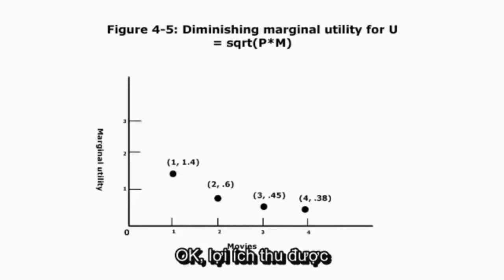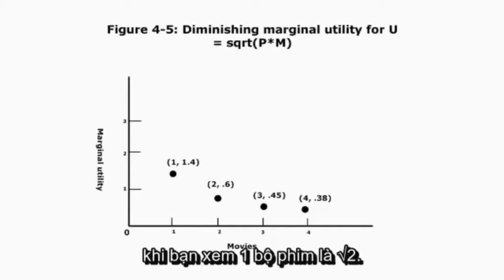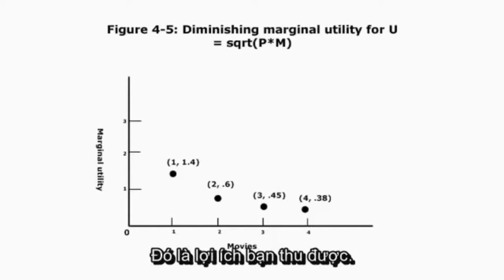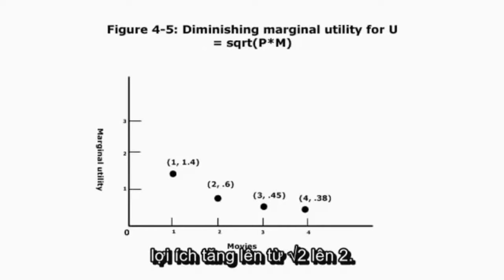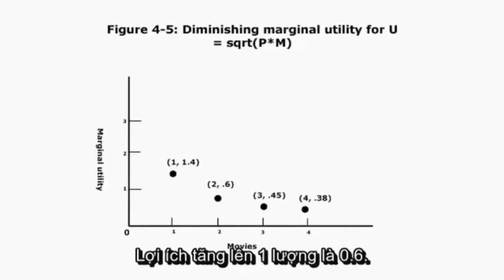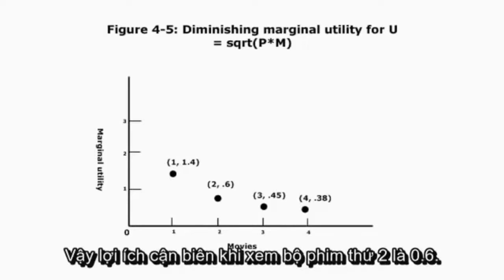So your utility when you have 1 movie is 1.4, square root of 2. Now, when you move from 1 movie to a second movie, your utility goes up from square root of 2 to 2. Utility goes up by 0.6. So the marginal utility of that second movie is 0.6.